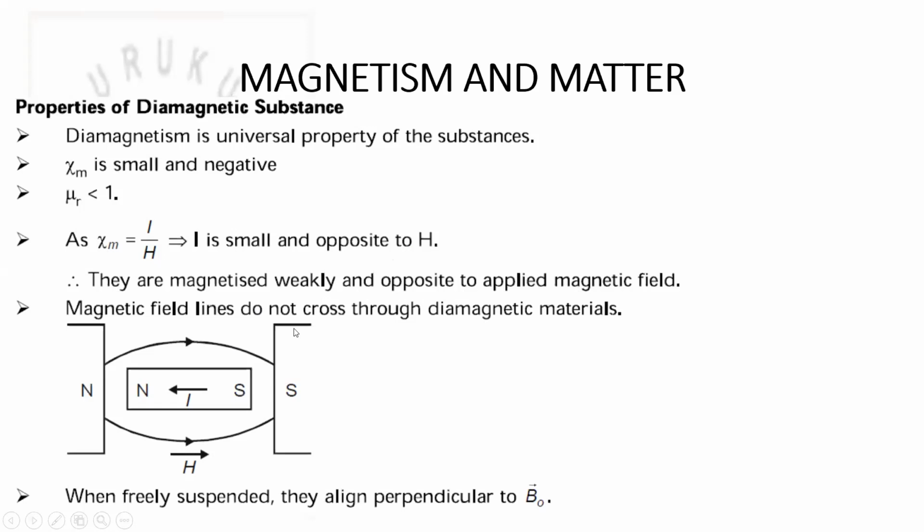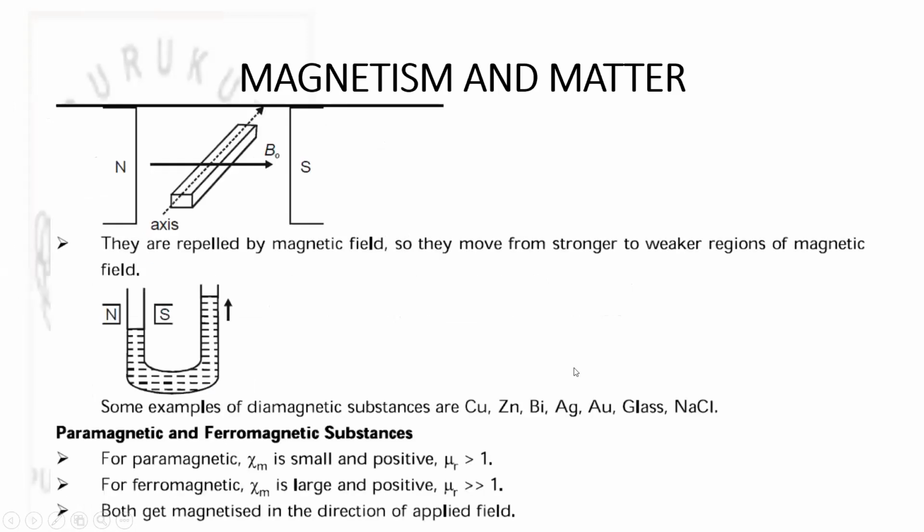And magnetic field lines do not cross through diamagnetic materials. So in a magnetic field, if you place a diamagnetic material, then the magnetic field lines will move away from this material. If the diamagnetic materials are suspended between the poles of a magnet, then they will align perpendicular to the magnetic field, like this.